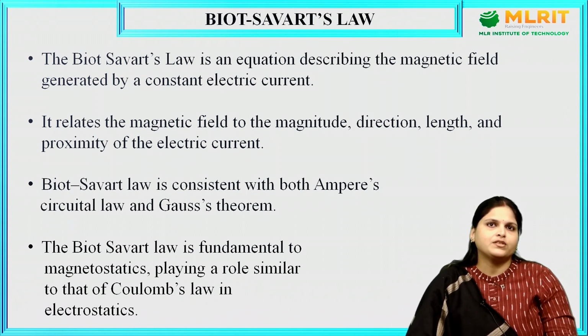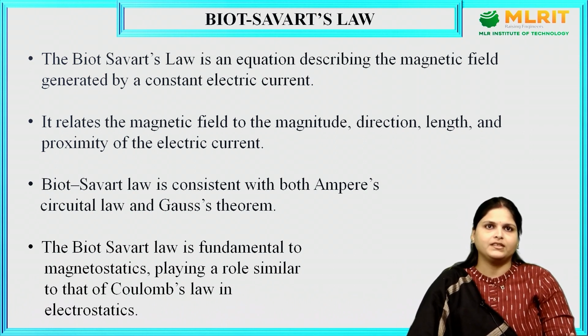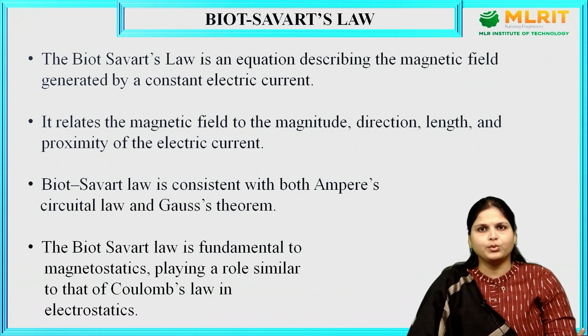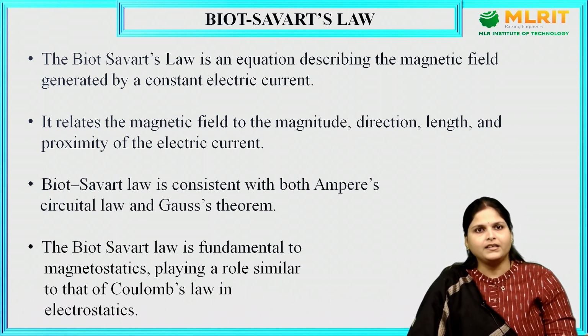Biot-Savart's law is an equation which describes the magnetic field generated by a constant electric current, or you can say direct current. It relates the magnetic field to the magnitude, direction, length and proximity of the electric current. This law is consistent with both Ampere's circuital law and Gauss theorem.